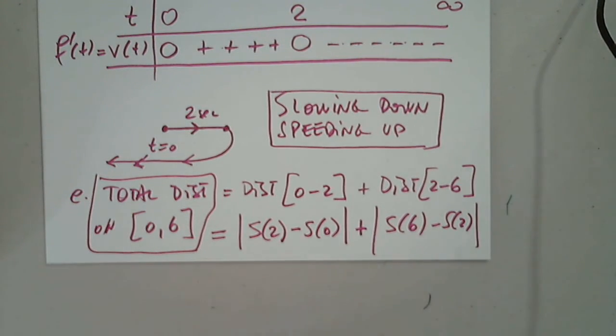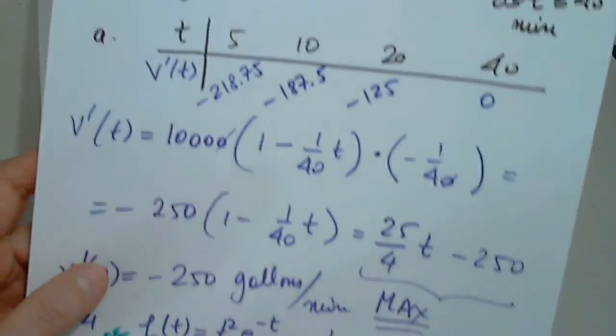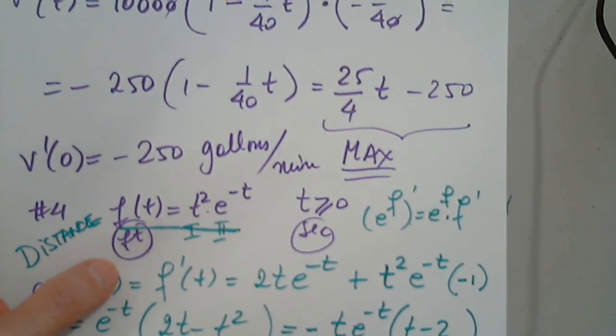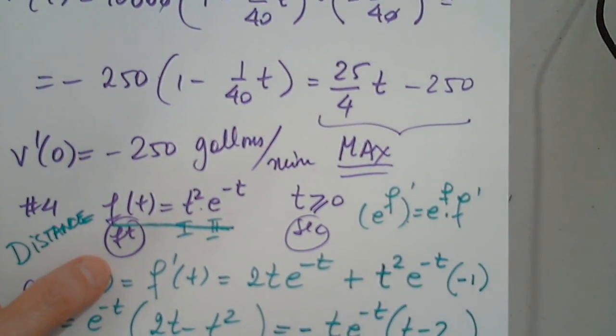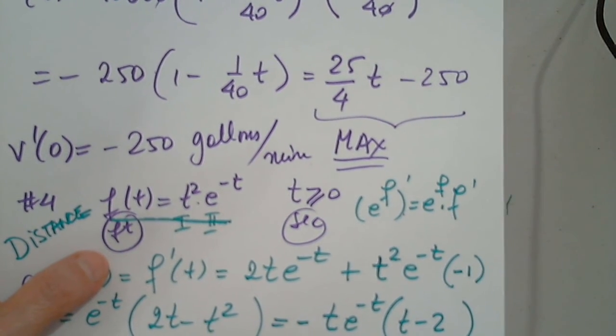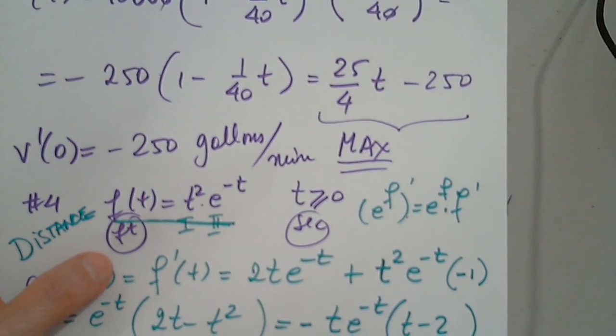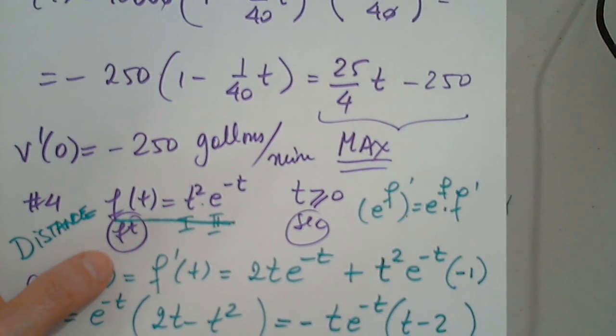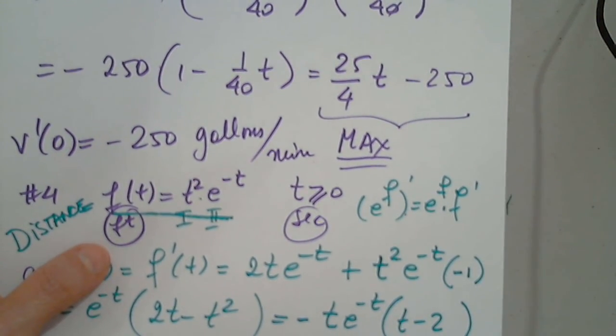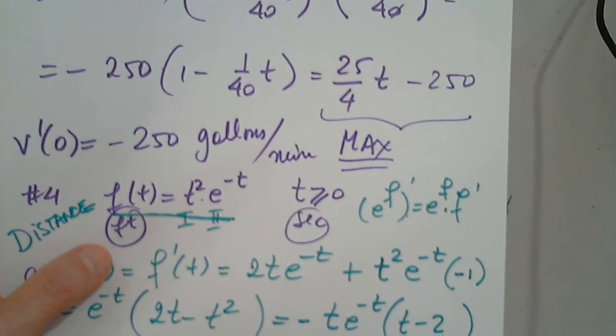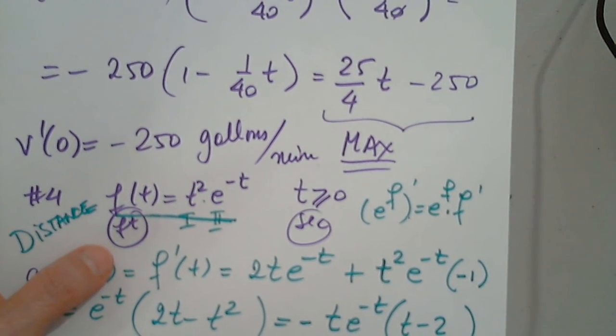So let's go, where's my function? Here's my function. That's my function. I have to put it in the graphing calculator. So I'm sharing my screen. Go to y equals, clear everything, and we enter x squared, and then we have e to negative x.